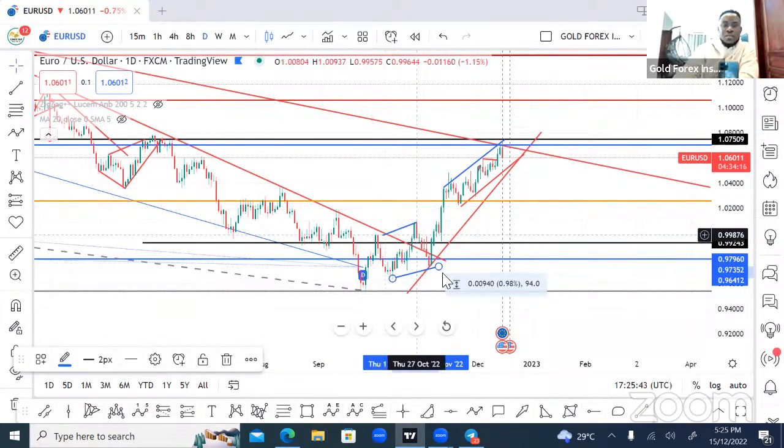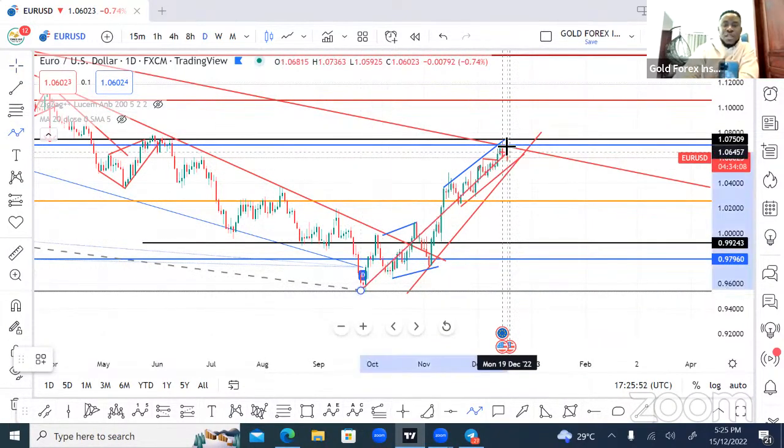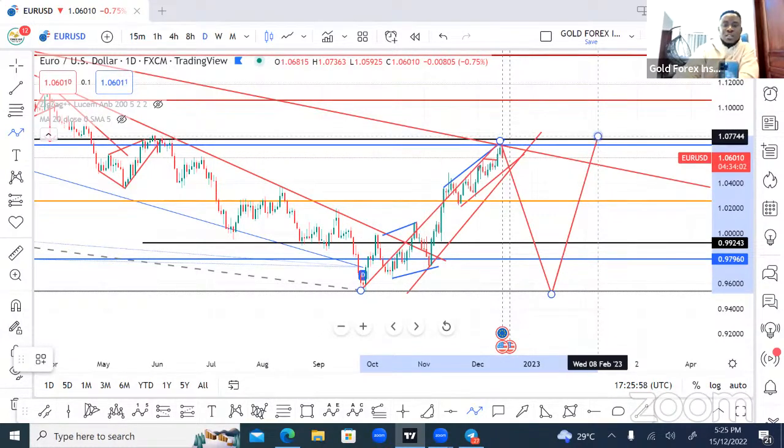So A, B, then the C gave us an ending diagonal. A drop will make it form like this, A, maybe B, and C. Then we have a complete drop.